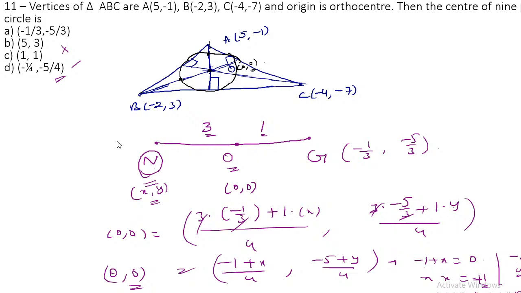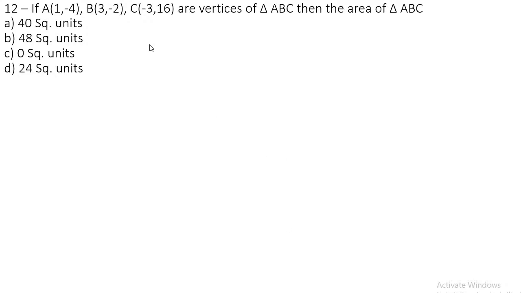Okay, so let us move on to the next question. If (1, -4), (3, -2), (-3, 16) are vertices of triangle ABC, then what is the area of triangle ABC? So how do we find this area?